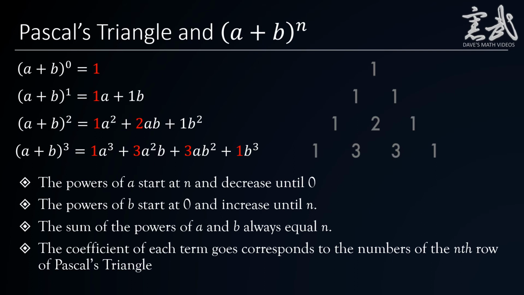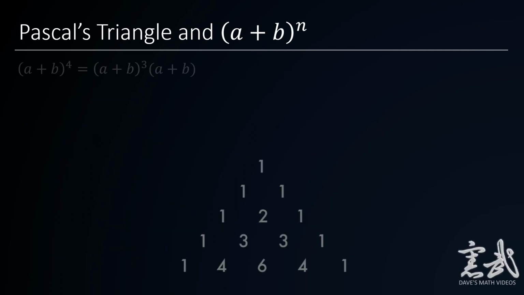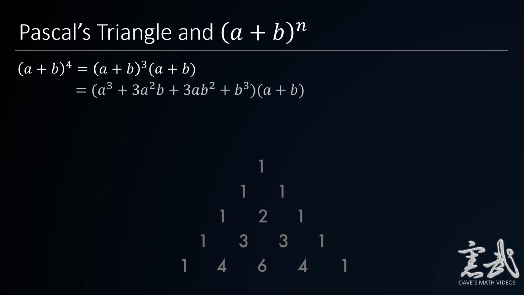to the nth power. Let's continue exploring the expansion with (a + b)^4, which is going to be equal to (a + b)^3 times (a + b). We will see that this also corresponds to the fourth row of Pascal's triangle.